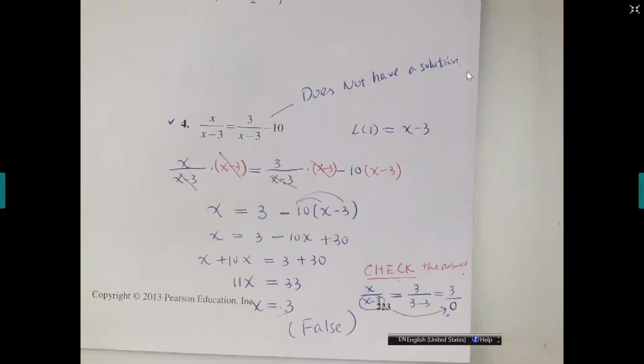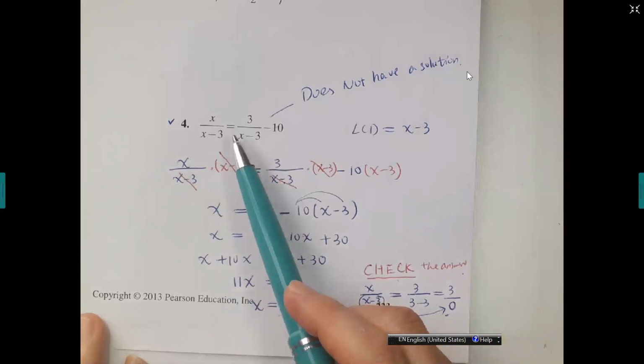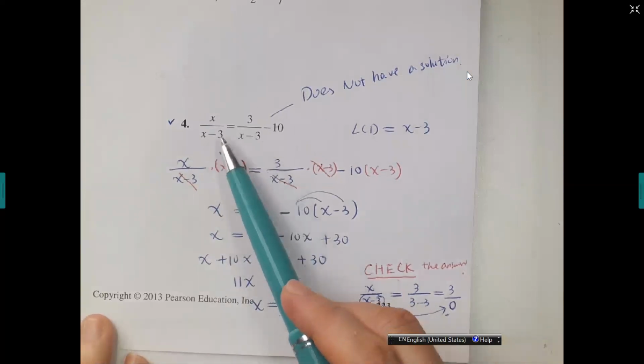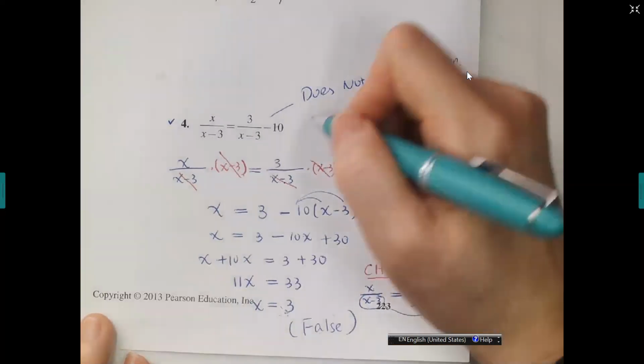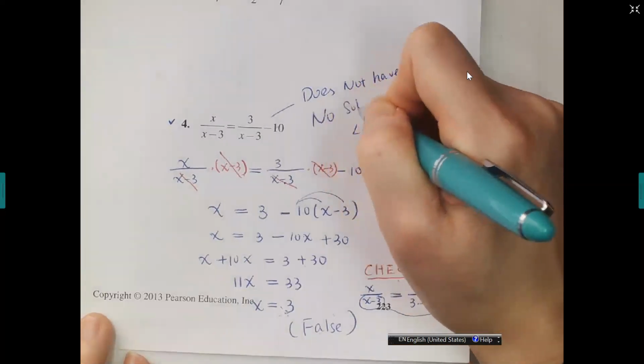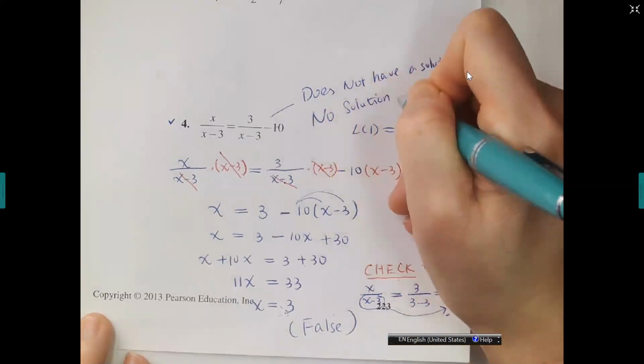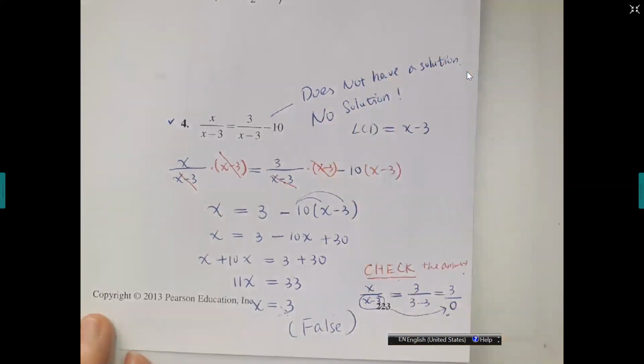Not all equations have solutions, and this one happens to be one like this. You can also say no solution. There is no solution to that rational equation.